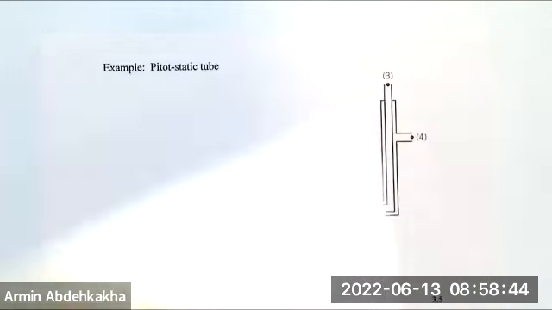Now today we're going to talk about the Pitot static tube, which is useful and currently used on most aircraft, and why we need that. At first, complete this figure.